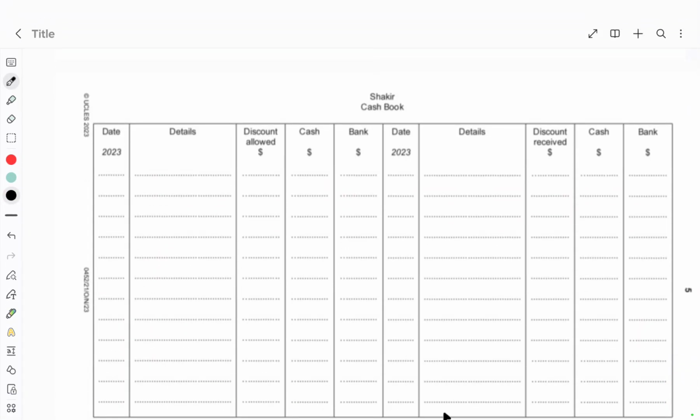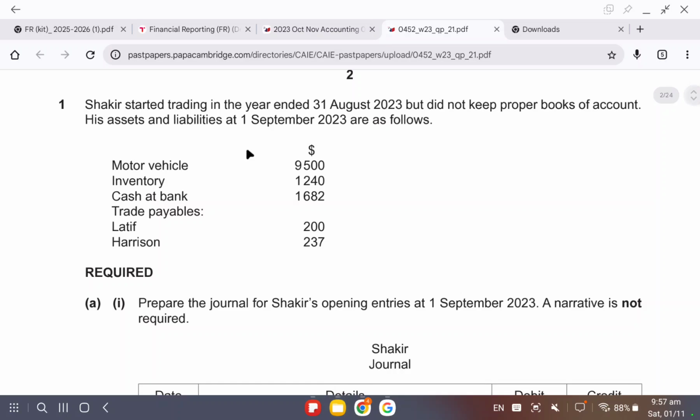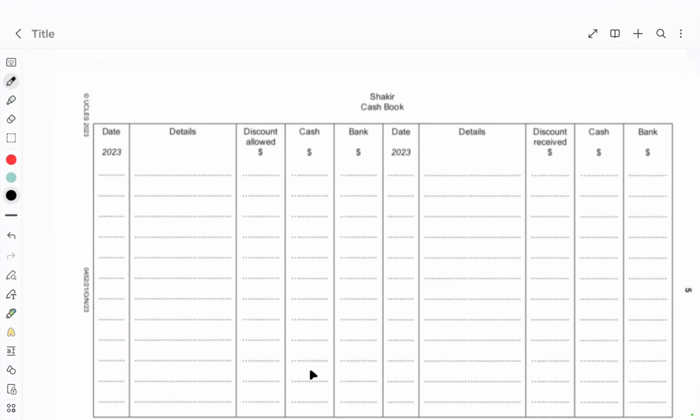Here you need to be very careful about the dates. This is the opening date, and here you can understand it's 1st September 2023 balance given here, right? 1st September 2023. If it is 1st September, we can easily understand this is an opening date, isn't it? At the start of the financial year itself we have some balances, so take that balance directly to the debit side of your three column cash book.